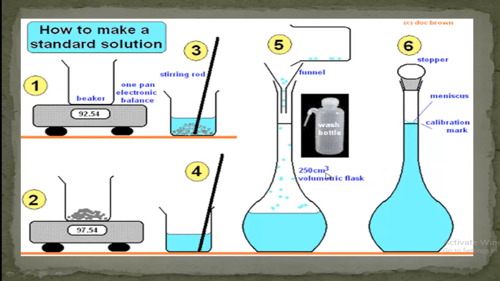Here it is 250 milliliters, so we have to correctly fill to the calibration mark of the volumetric flask. Like this way we can easily prepare a molar solution.